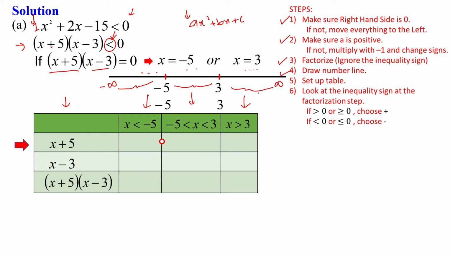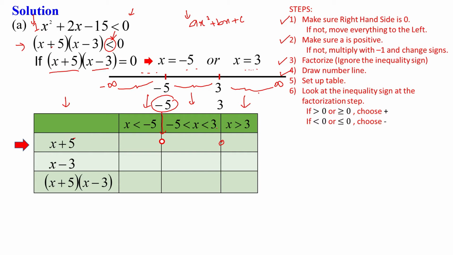Why do I put the empty circle here and not here? Well, that's because x plus 5, if I substitute in -5, this value, into this x, -5 plus 5, the value will be 0. So this circle shows the value that makes this factor 0.